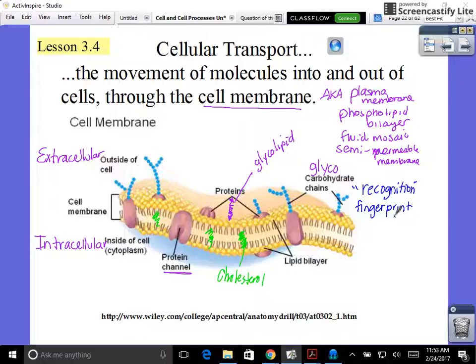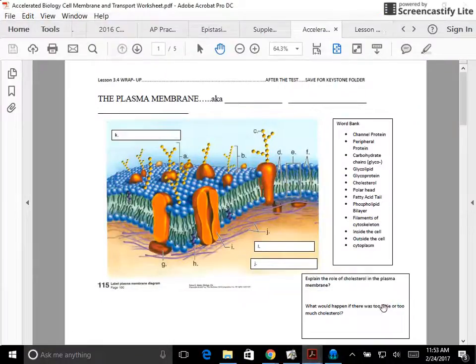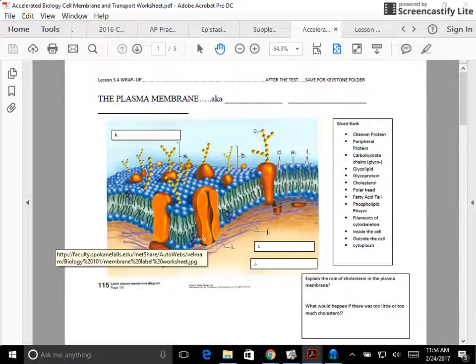So for a homework assignment, I gave out this front page, and it has a really large word bank to try to fill in just a different looking model of the plasma membrane.